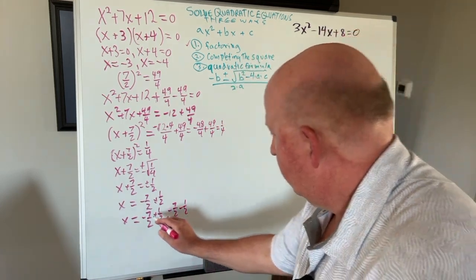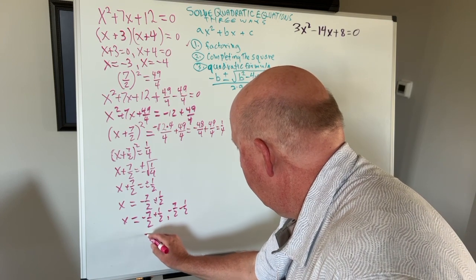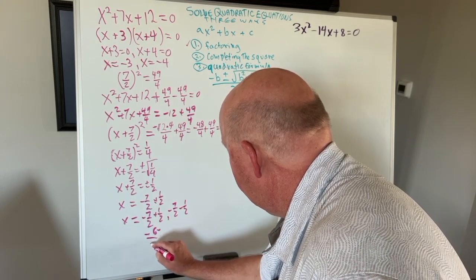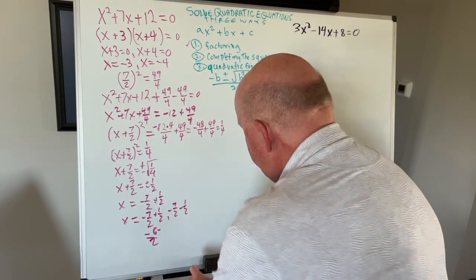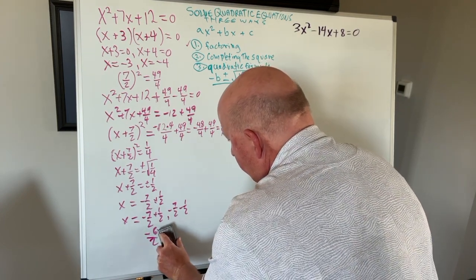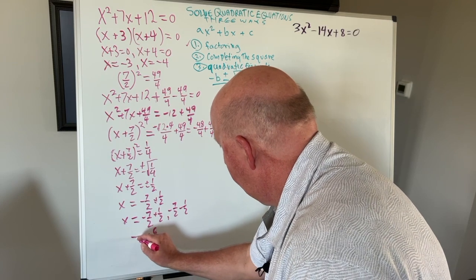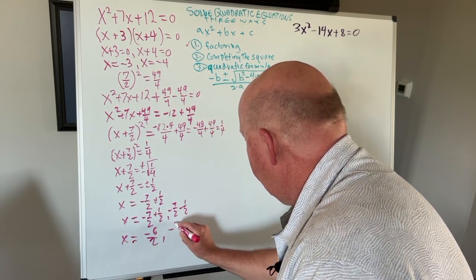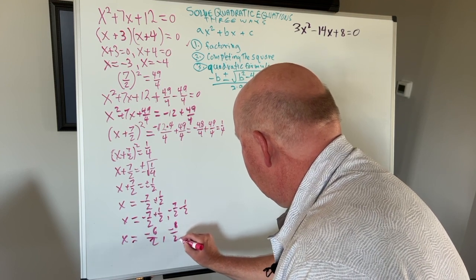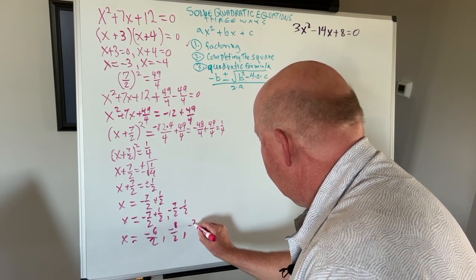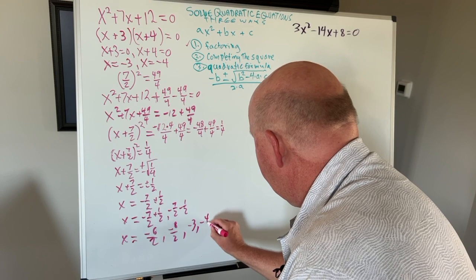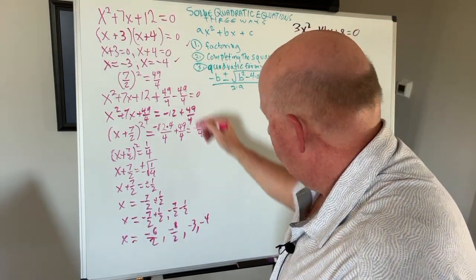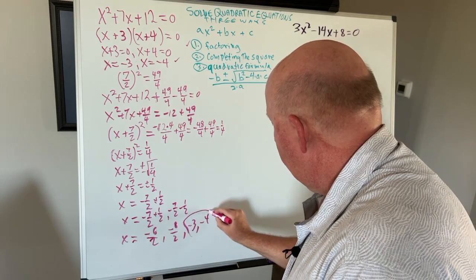So then this will be negative 6 over 2, or negative 8 over 2, which is negative 3, or negative 4, which is what you got here. So, same answer.